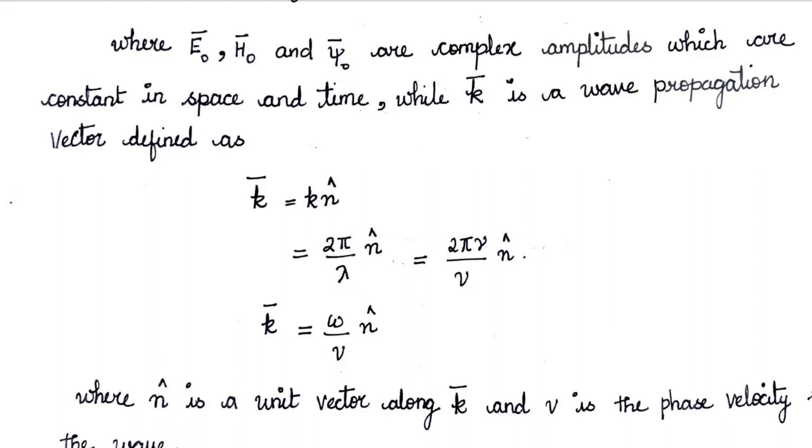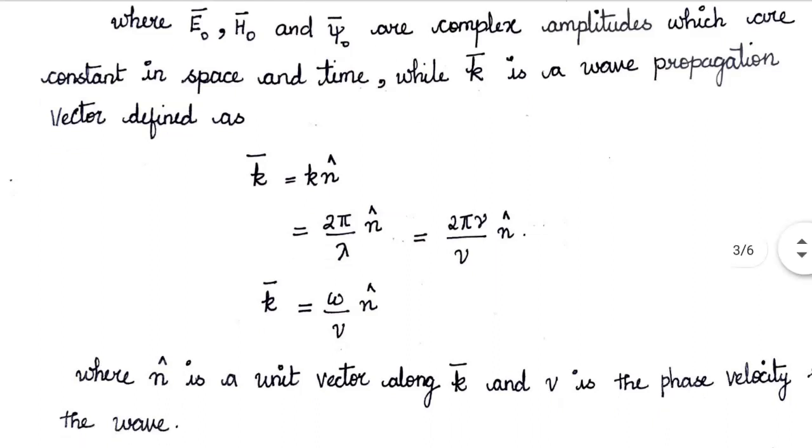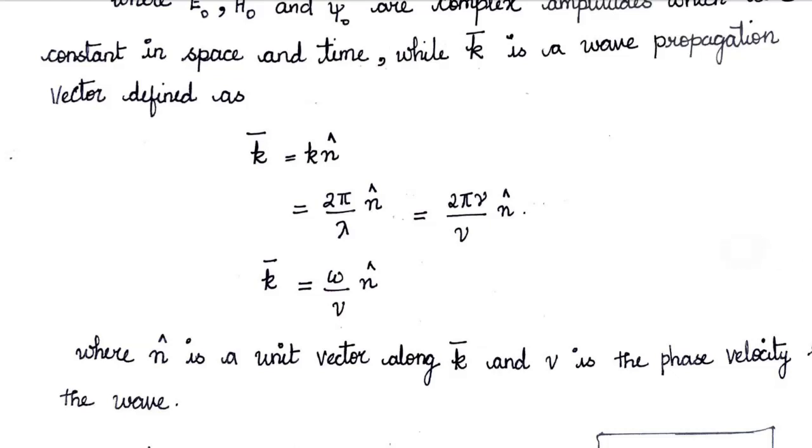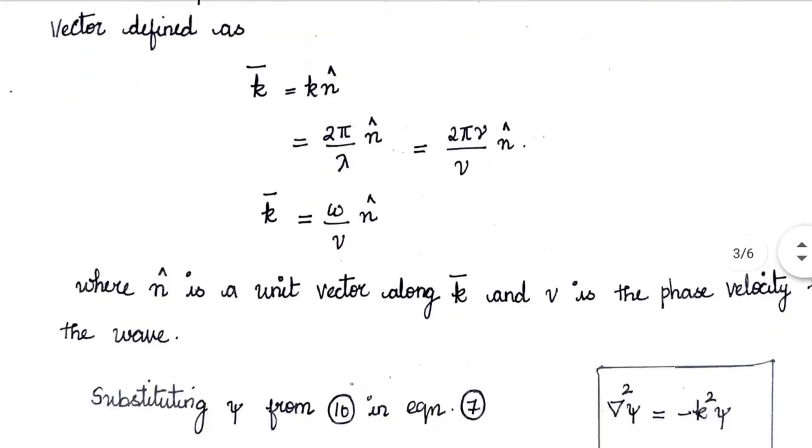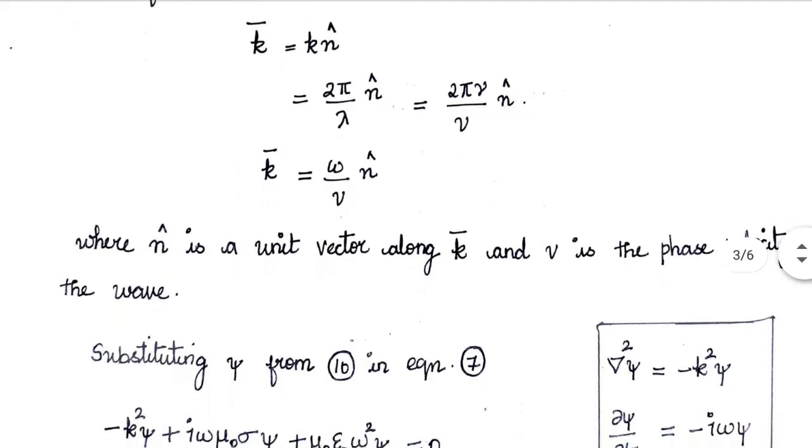In place of 2 pi nu, that is the frequency of the electromagnetic wave, omega. So we get the propagation vector k equal to omega by v into n cap. This n cap is a unit vector along the direction of the propagation wave vector k, and here v is the phase velocity of the wave.